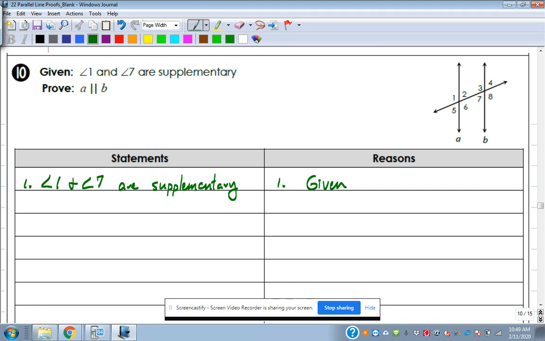Okay, so you're saying the next line is 1 and 2 are a linear pair. So angle 1 and angle 2 are supplementary. They're a linear pair.